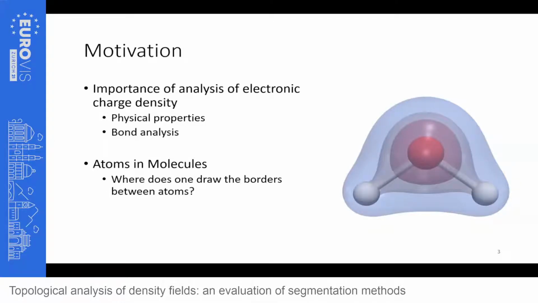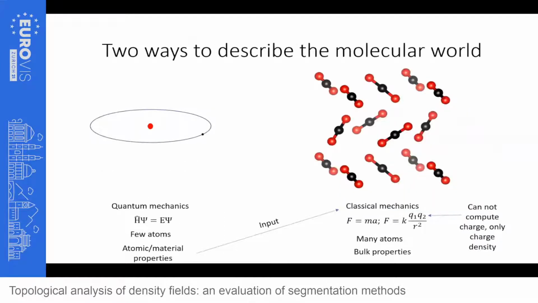If you look at the way domain experts describe the molecular world, they do it in two different ways. They use quantum mechanics, mostly for single atoms and molecules, maybe crystal calculations. In this case, they're taking the electronic structure into account.